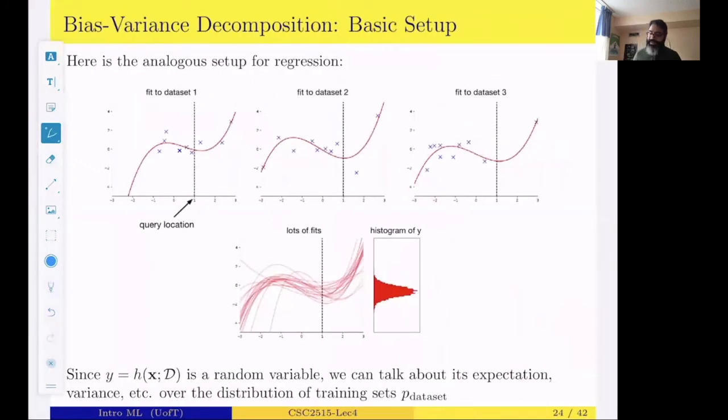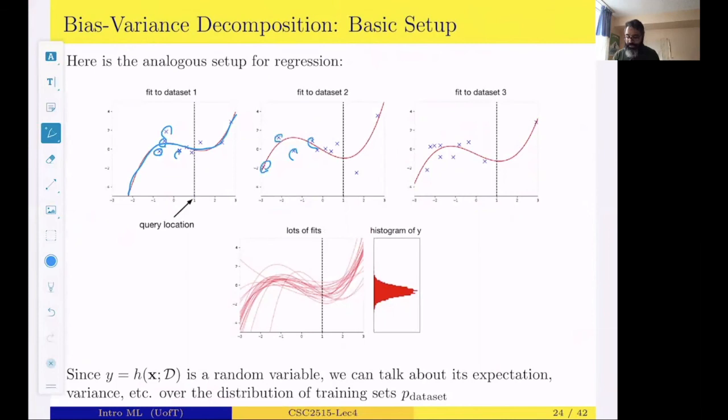We can do the same exercise for regression. Suppose there is a true underlying function that is like this, but we have noisy samples from it. The samples might be at different points, and they might have a different amount of noise. You see that these are samples here. In another case, we have samples there.